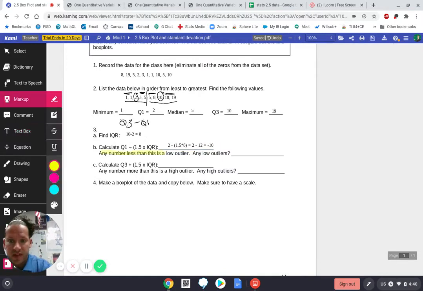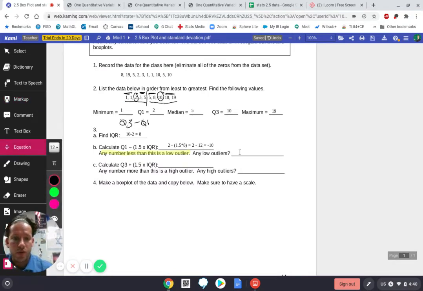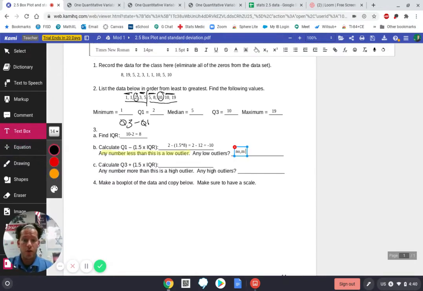So any number less than that is a low outlier. And so do we have any numbers less than negative 10? No, our lowest number is 1. So we are okay there. We have no low outliers. We have no values less than negative 10.